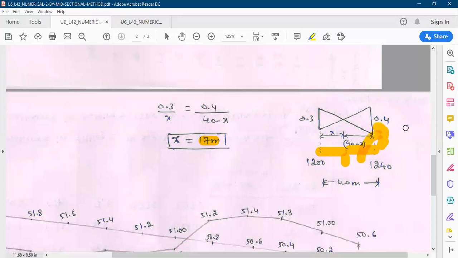This will be coming in cutting, and this will be coming in filling. This portion will be coming in filling, right? 1200 to 1270 is in filling. 1270 to 1240 is in cutting.